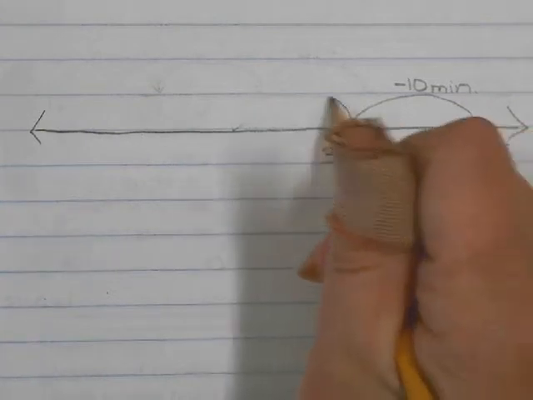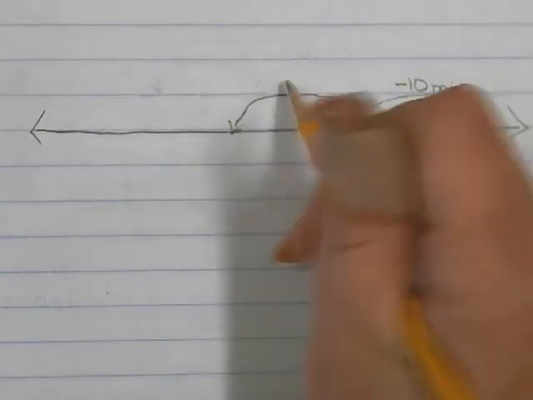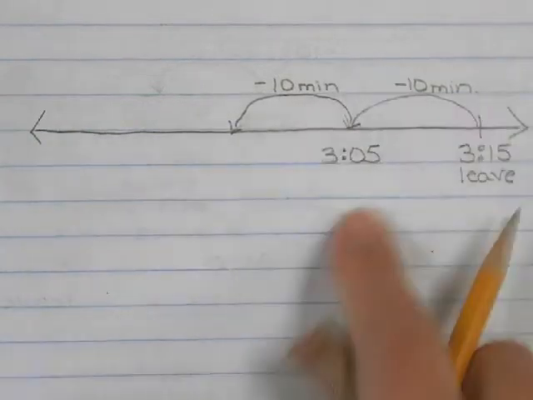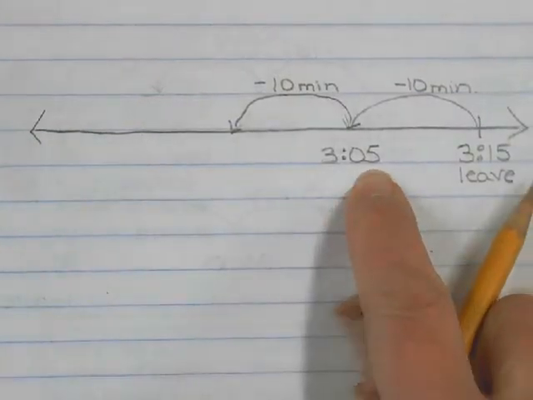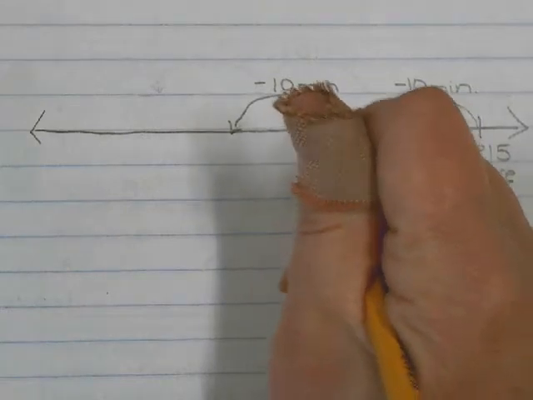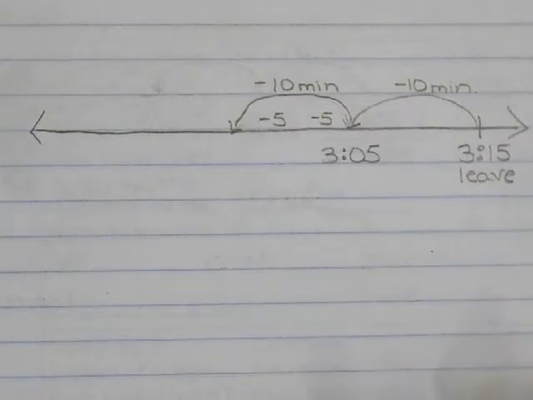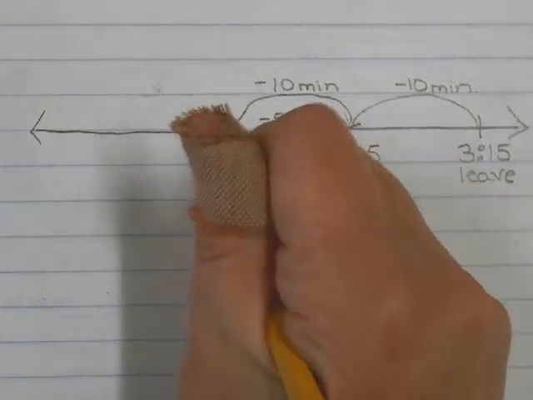The next 10-minute interval, if we subtract 10 minutes from the 3:05, we can subtract 5 minutes, which would put us at 3 o'clock, and then we could subtract another 5 minutes, which would place us at 2:55.